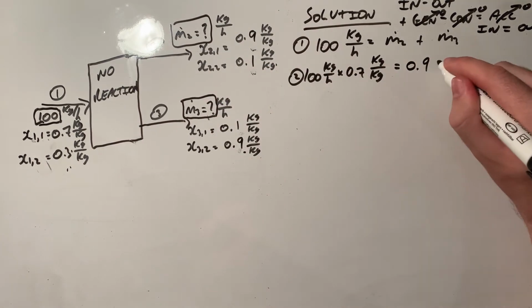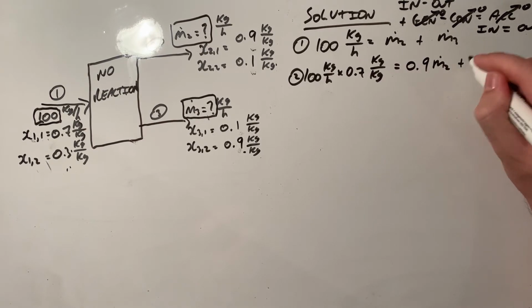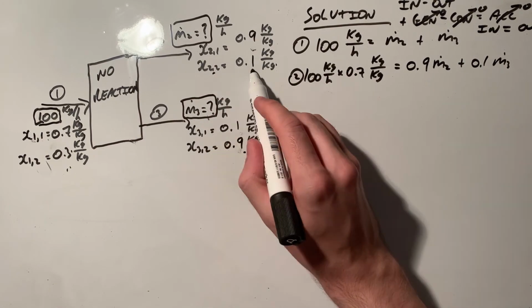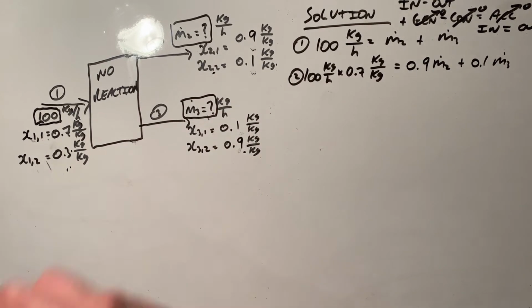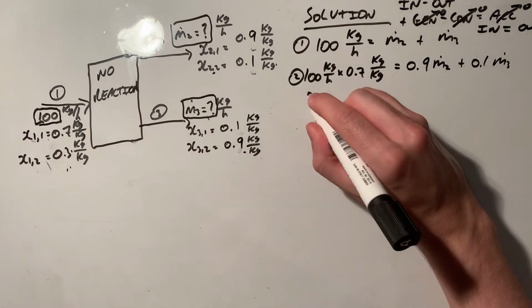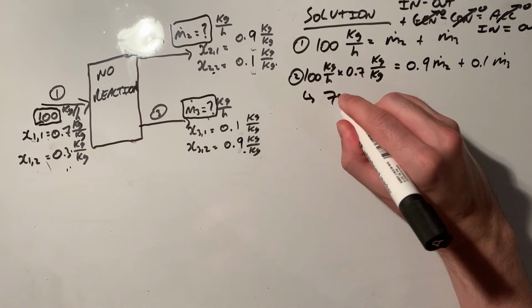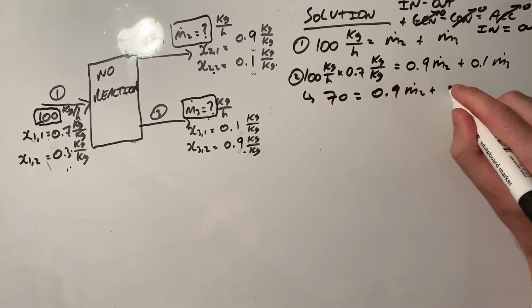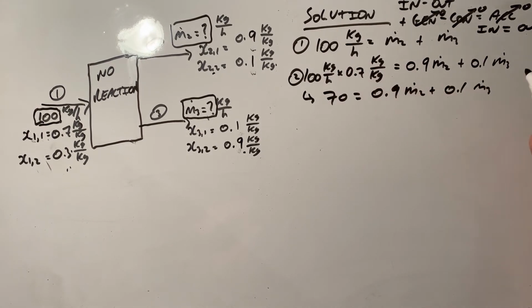So we get 0.9 M2 kilograms per hour plus 0.1 M3. And the opposite is you'd use the other numbers if you're trying to balance using component 2. So that means that the second equation yields that 70 is 0.9 M2 plus 0.1 M3.